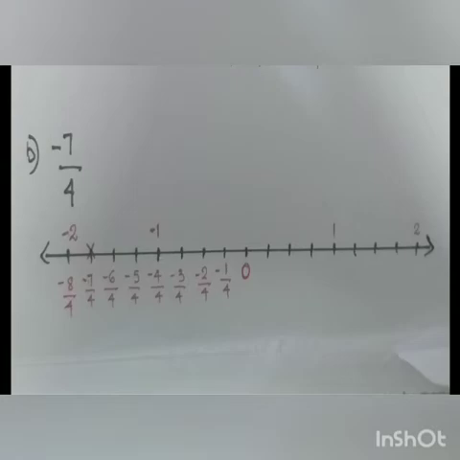So, then what is required? Negative 7 by 4. So, where is negative 7 by 4 coming? Here. So, you can mark the negative 7 by 4. If you get an improper fraction, one distance is not enough for marking. So, you have to consider 2 units. So, you will get the required fraction. In this way, you can mark the fractions on a number line.